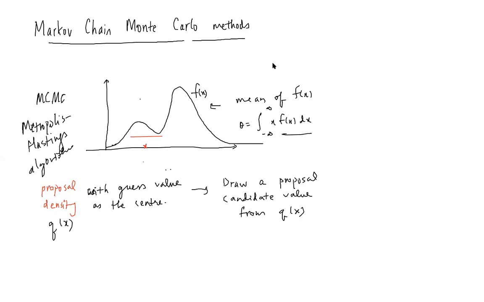Let's say you draw this one. So you draw a value that's uniform running in this interval. Once you have drawn that value, you evaluate the densities of the target function at these two values.